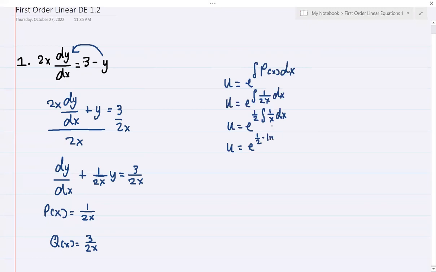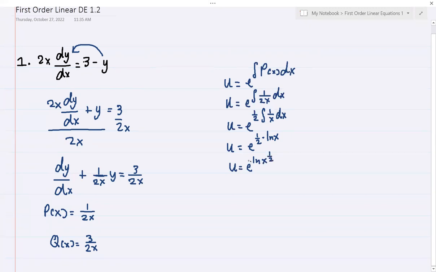So the integral of 1 all over x is ln of x. And we can still simplify this one. By the laws of logarithm, we can bring 1 half back to your x. So we will have u is equal to e raised to ln of x raised to 1 half.